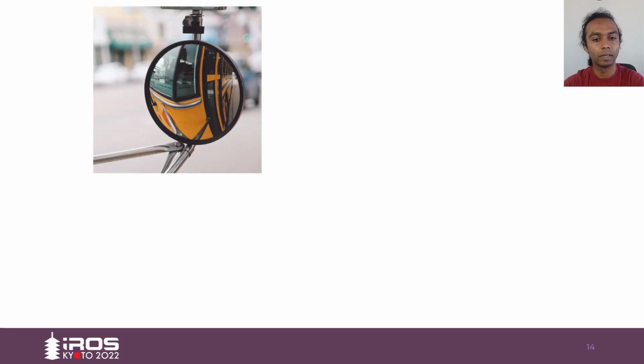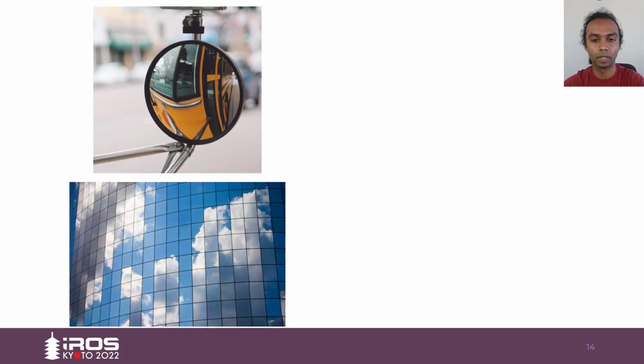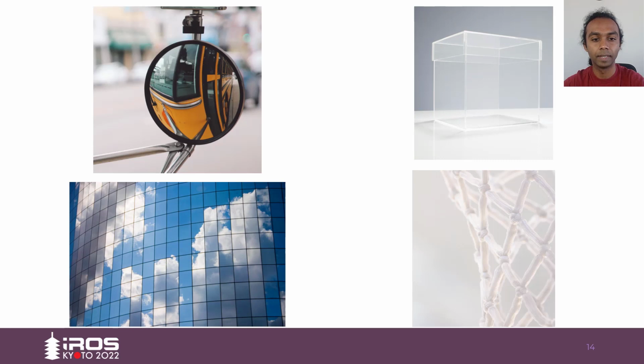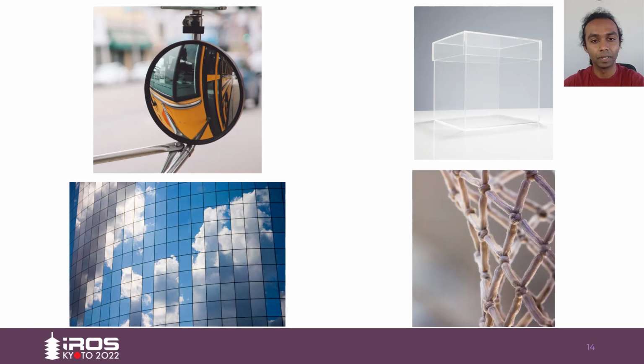Well, consider mirrors and reflective surfaces, translucent or see-through objects. These are difficult for depth sensors, and we typically avoid them in robotic vision. But with fixation, these are not a hassle. Like with humans, we don't have trouble around such objects in daily life.